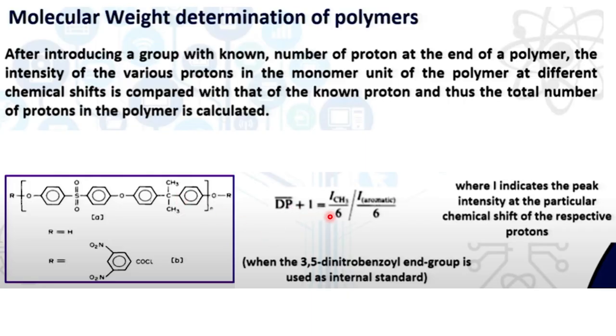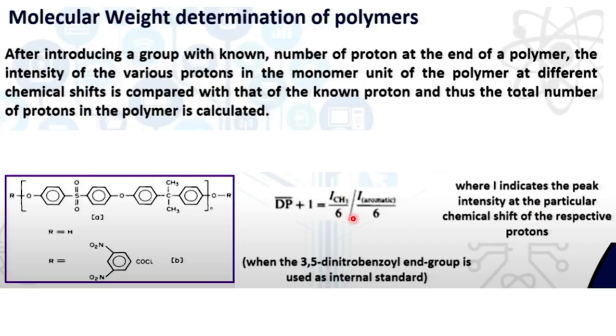So, the equation is DP plus 1 equal to I CH3 by 6 divided by I aromatic by 6. What is I CH3? This CH3. And what is I aromatic? These 3 protons. Here I indicates the intensity at the particular chemical shift of the respective proton.